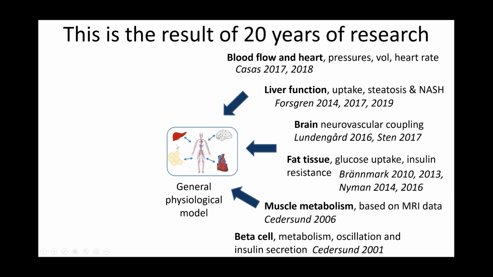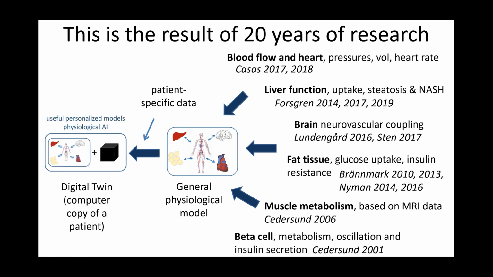And this symbolizes the general physiological model, which then, by adding patient-specific data from a sensor or from electronic healthcare records or something like this, you get a personalized model, which is in a way a physiologically based AI model, if you want.